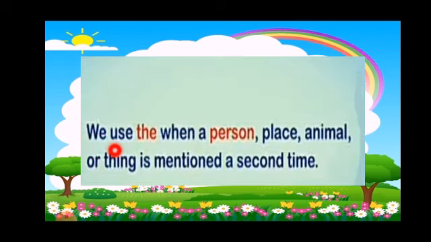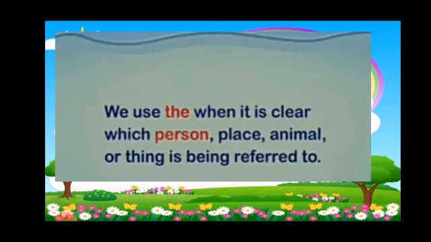We use article the when a person, place, animal or thing is mentioned a second time. We use article the when it is clear which person, place, animal or thing is being referred to.